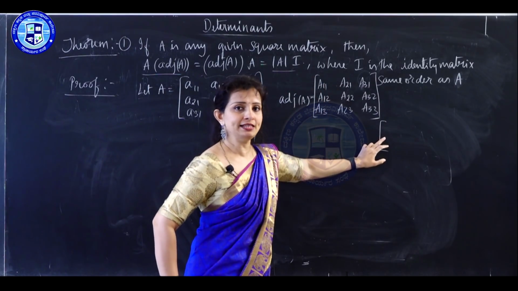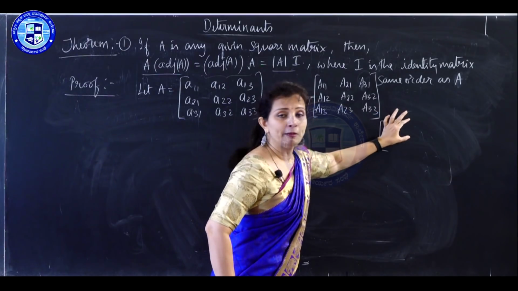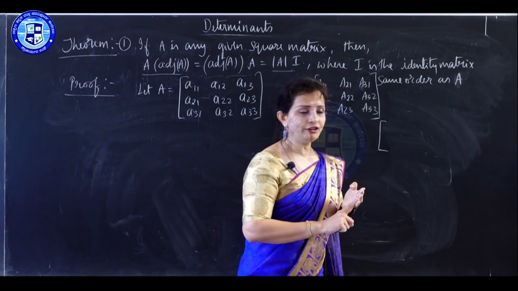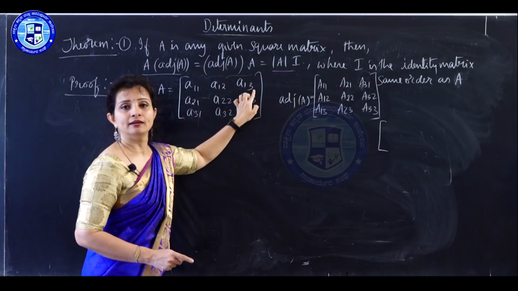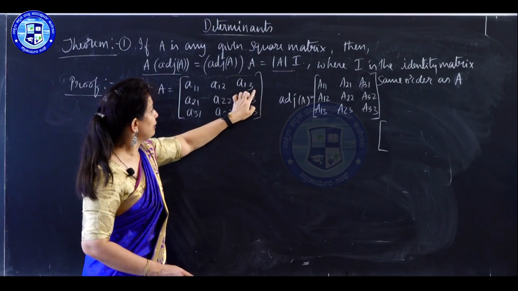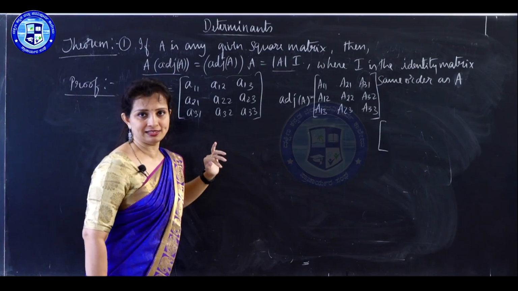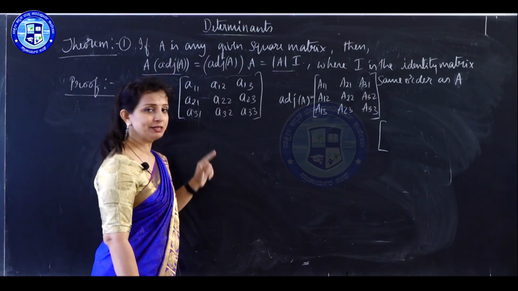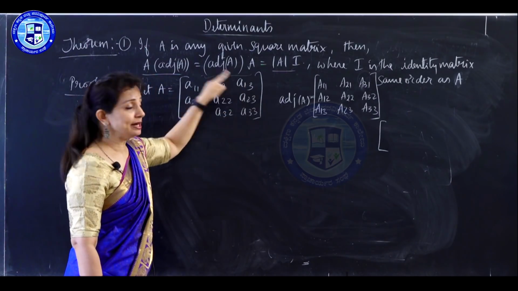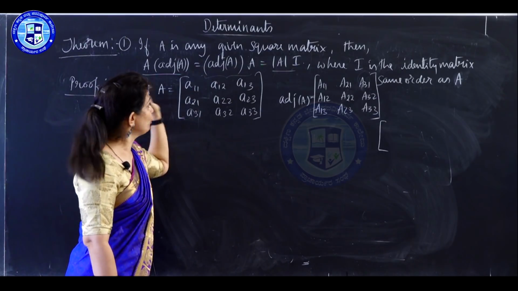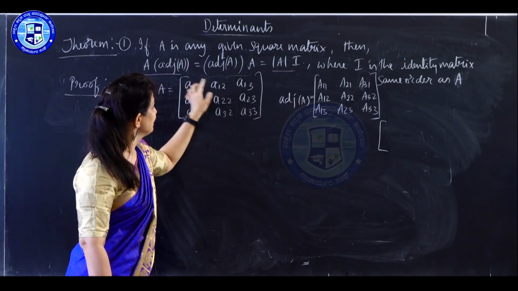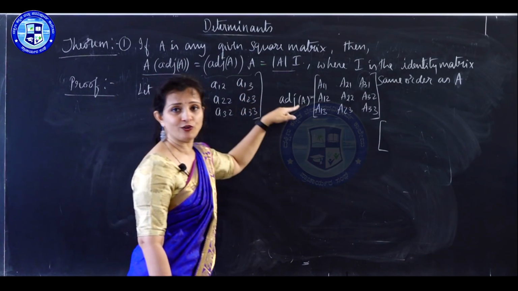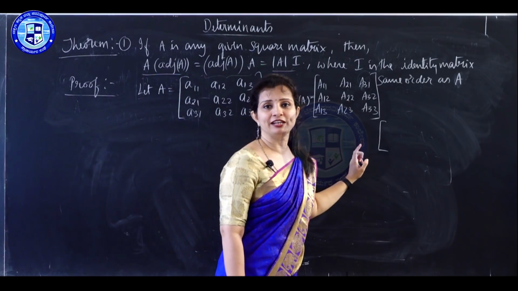In that session, you have learned two conclusions. The first conclusion states that the sum of the products of each element of any row or column with the corresponding cofactors is delta, equal to determinant of A. So, what is determinant of A? First row elements are multiplied by the corresponding cofactors of first row elements: A11 into its cofactor plus A12 into its cofactor plus A13 into its cofactor will give you the determinant A, delta.